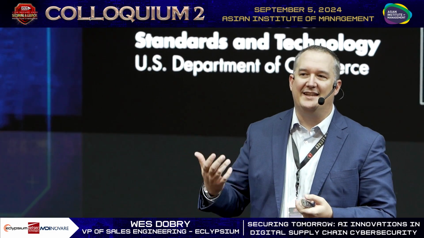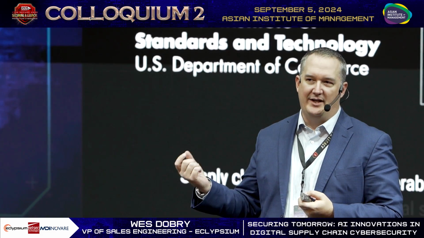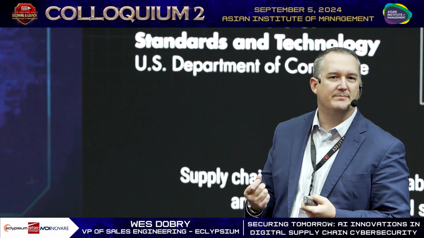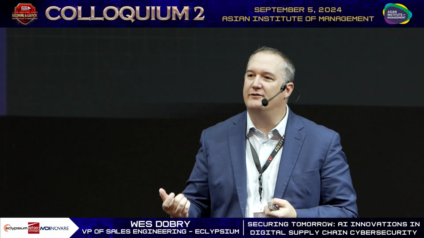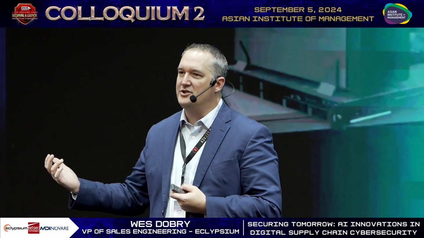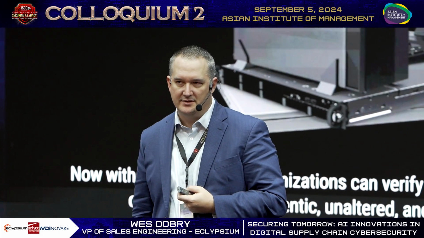So when we think about what happens operationally from a supply chain perspective, we now have to think about new risks, new vulnerabilities, and of course, new threats that can impact resiliency and operational capabilities of our organizations.